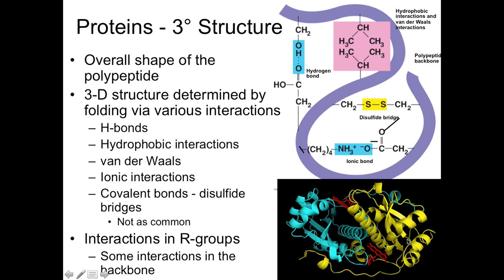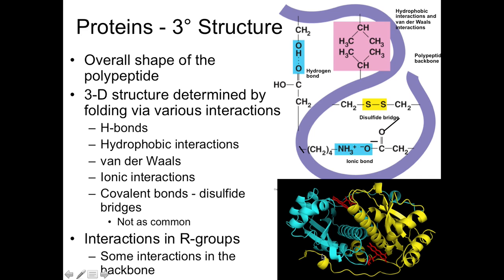But notice here that you have an alpha helix here, and an alpha helix here, and an alpha helix here, and here, and here, and here. And you have multiple beta-pleated sheets as well. These arrows represent the strands of the beta-pleated sheet. So you have a beta sheet here and here. You have some beta sheet there. And again, you have some here and here, and one going in a different direction there.